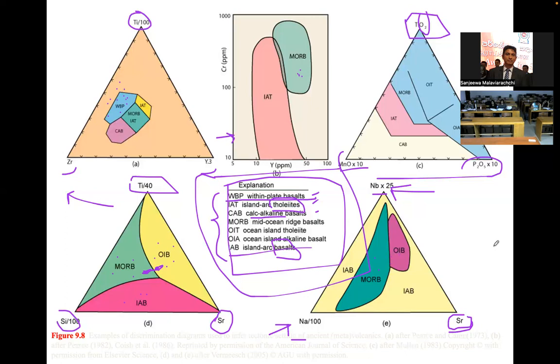So this is how the discrimination takes place. So therefore, we call these diagrams in common discrimination diagrams. Okay, tectonic setting discrimination diagrams. So these are the tectonic setting discrimination diagrams. And nowadays we see these diagrams are applied in metamorphic petrology also, as I said before, to understand the protolith characteristics.